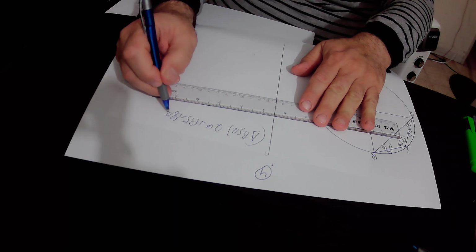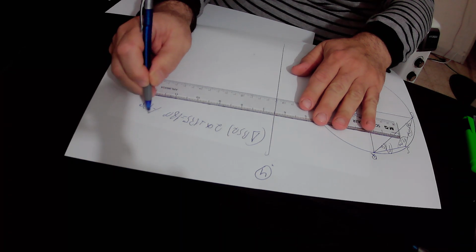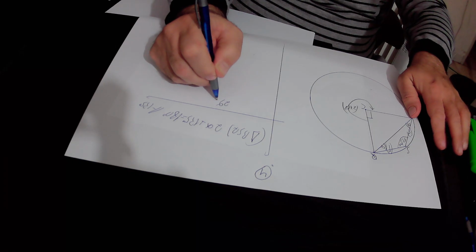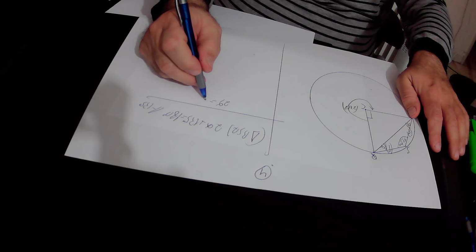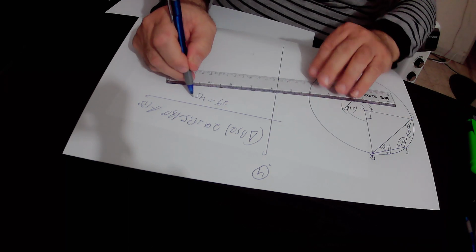Here we subtract 135 degrees from this equation, and we get that 2 alpha equals 180 degrees minus 135 degrees, which is 45 degrees.